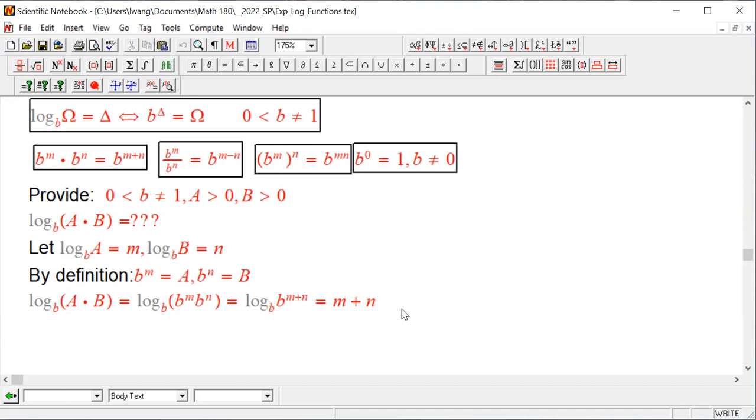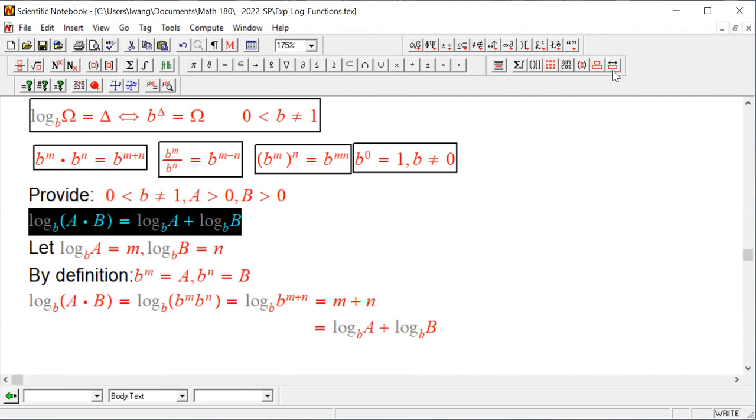And here we go. What is M? M is equal to log base B of A. So this is M. And what is N? N is log base B of capital B. So that's what we got for the product. Log of A times B equals log base B of capital A plus, not multiplication, plus.